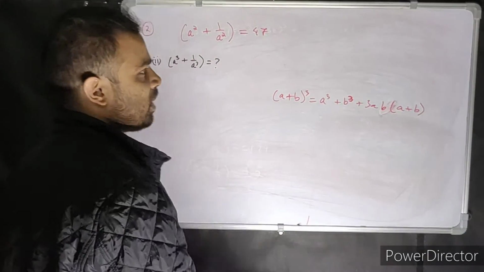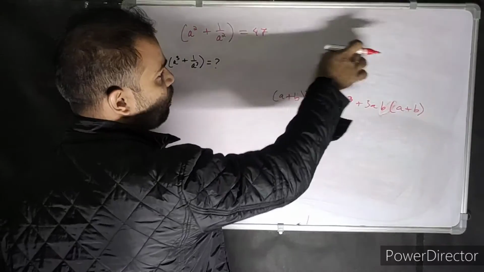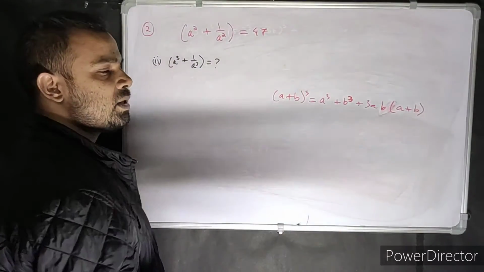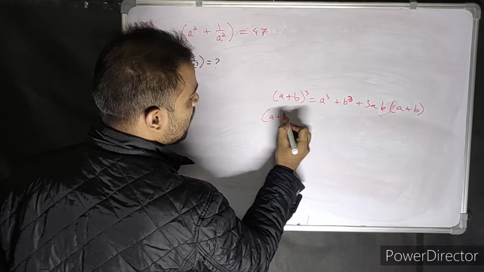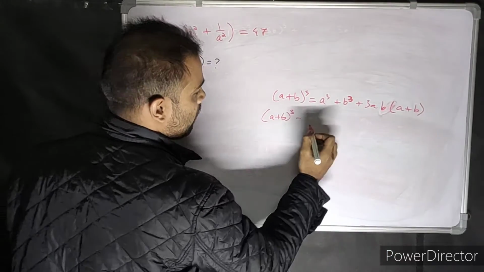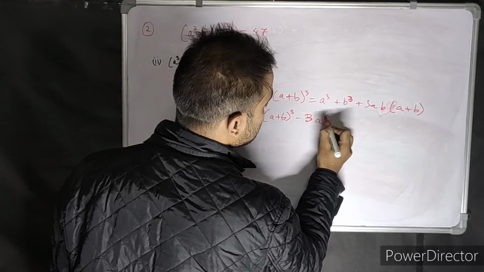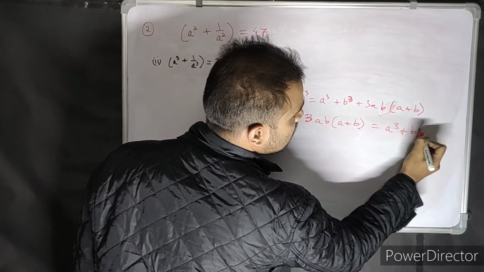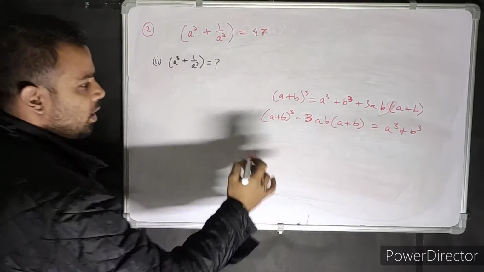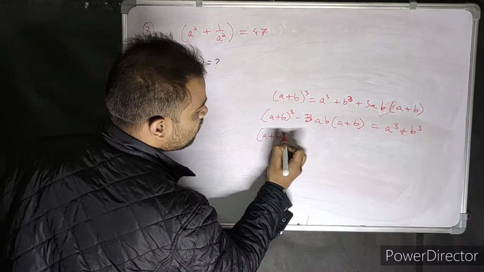Okay, how? Because my sir has given it to me. A cube plus b cube is this. But how does it come out? A cube plus b cube. See, it will come out from here. See, the formula will come out. You don't have to do this. Okay. Minus 3ab into a plus b. Take it this side. A cube plus b cube is equal to this. This is your formula. Okay. Now what happens? You take out the a plus b common.